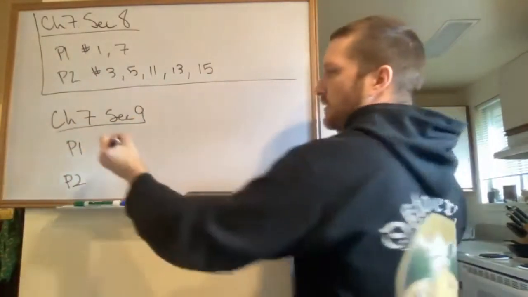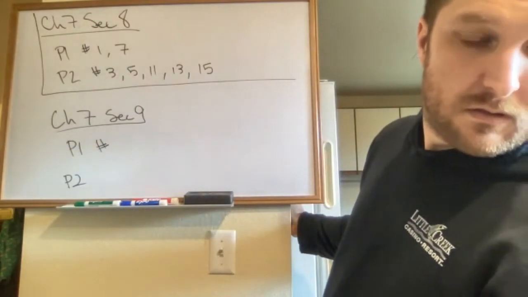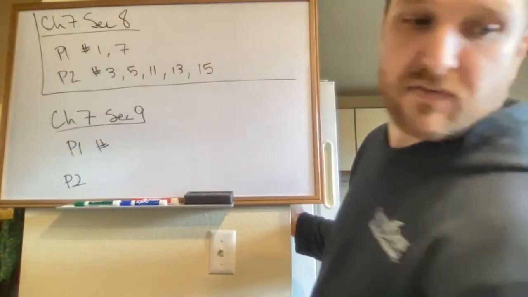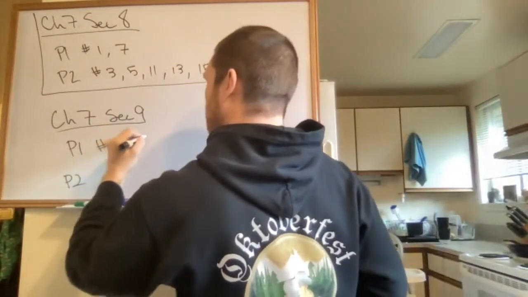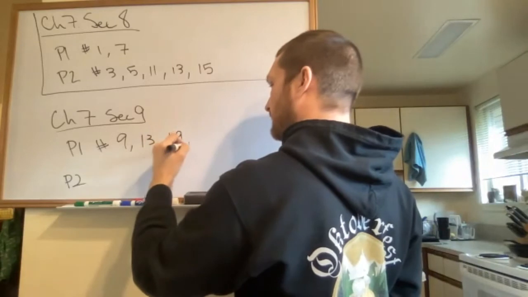Section 9, part 1. 7.9, part 1 is 9, 13, 19, 29.